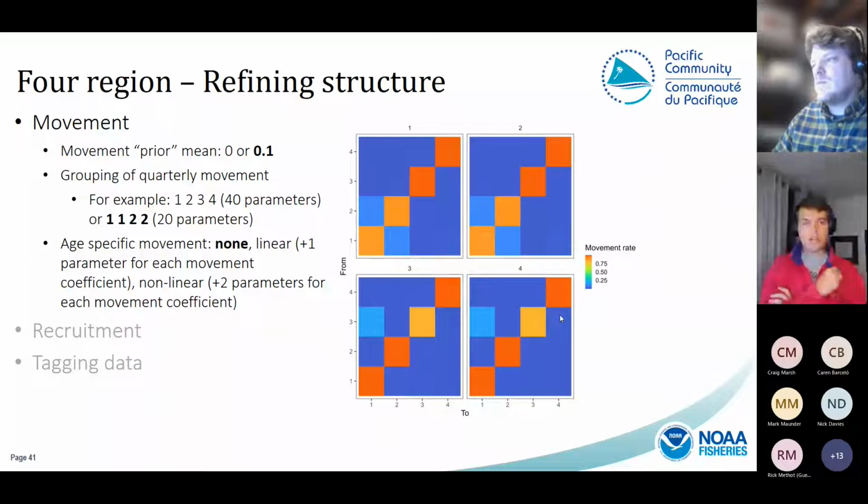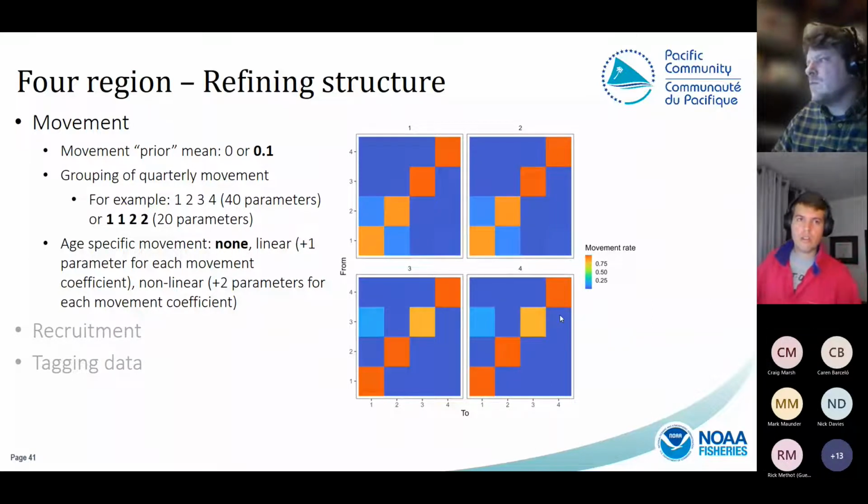And we considered a number of different weights on those priors, or initial values, I guess is a better word for it. Ultimately it didn't make much of a difference in terms of the fits. Maybe slightly better fit with assuming an initial value of 0.1 for the movements. But as you can see, the estimated movement rates for the regions where there isn't much information are going to 0, so it's moving off of that initial value.